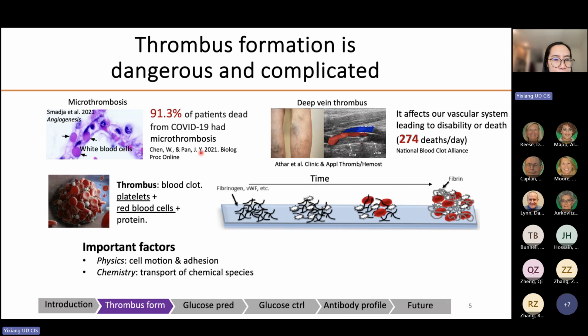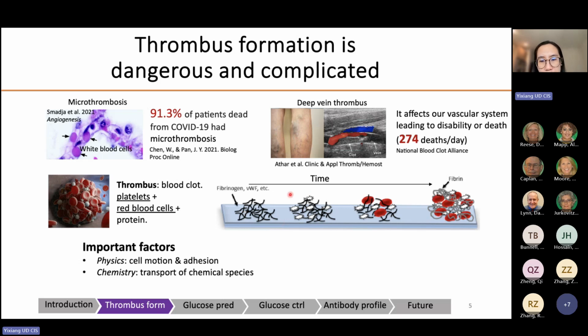And if we zoom in, we can find that thrombosis are actually blood clots, meaning that it consists of platelets, red blood cells, and protein. And if we further expand the thrombus formation process, we can find that it starts with aggregation of these proteins like fibrinogen or VWF, etc., on the substrate representing the vascular surface, or maybe a wounded surface.